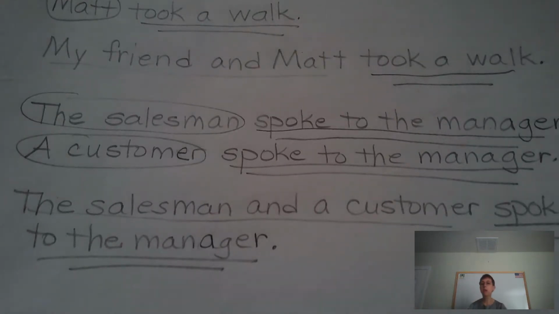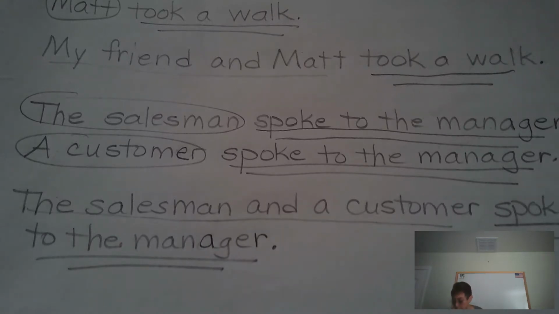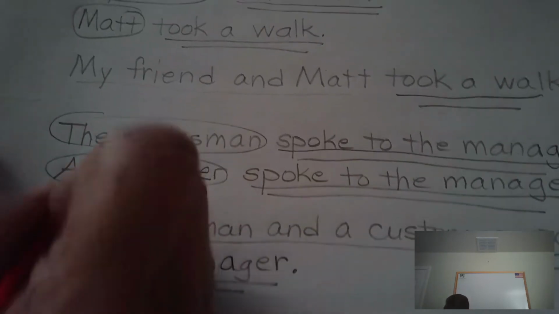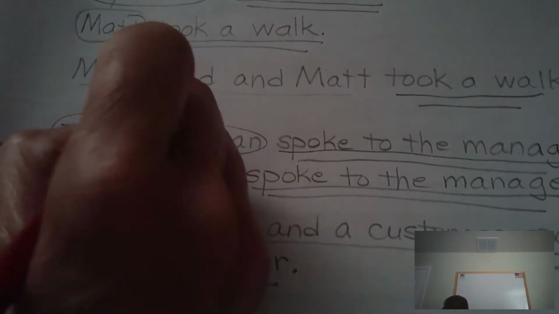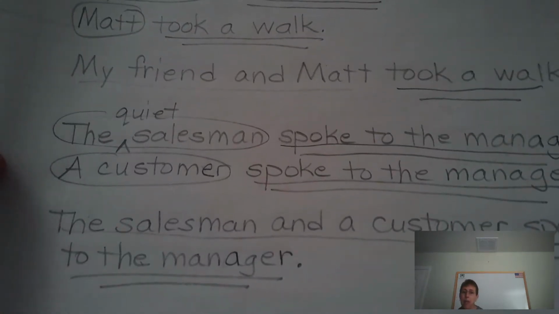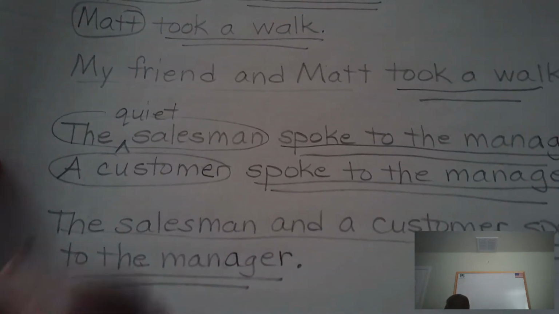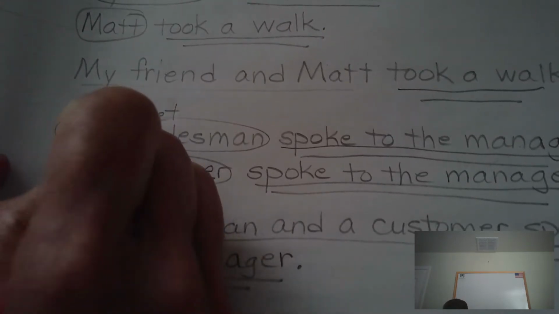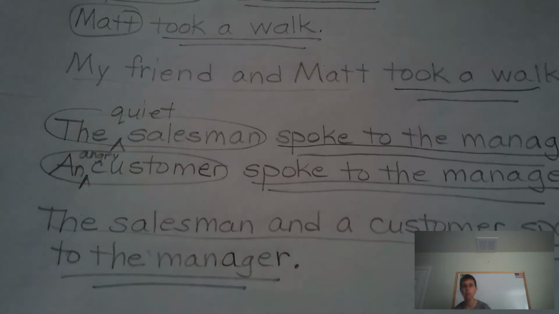Now, sometimes the sentences might have a little bit more in there. For example, if we added in some adjectives, words that describe the nouns, we would still do the same thing. Instead of just saying the salesman spoke to the manager, we could say the quiet salesman spoke to the manager. And maybe there was an angry customer that needed to speak to the manager. So now we can say an angry customer spoke to the manager.